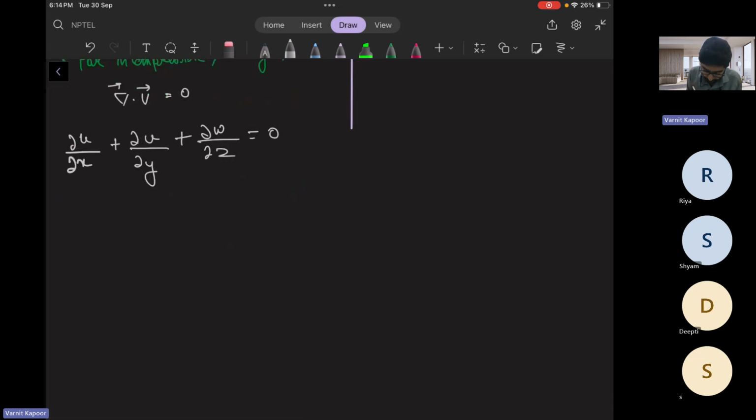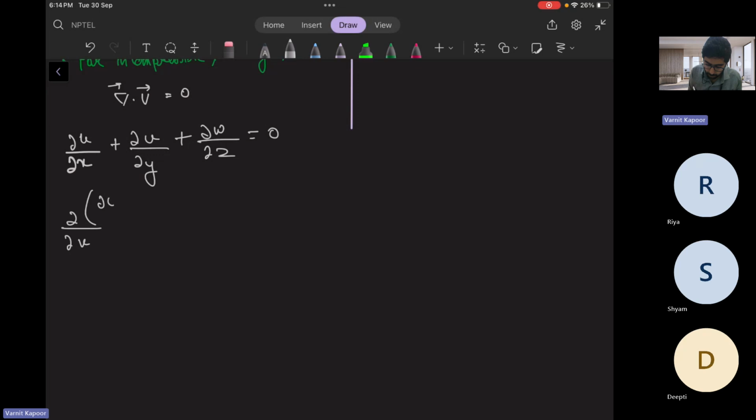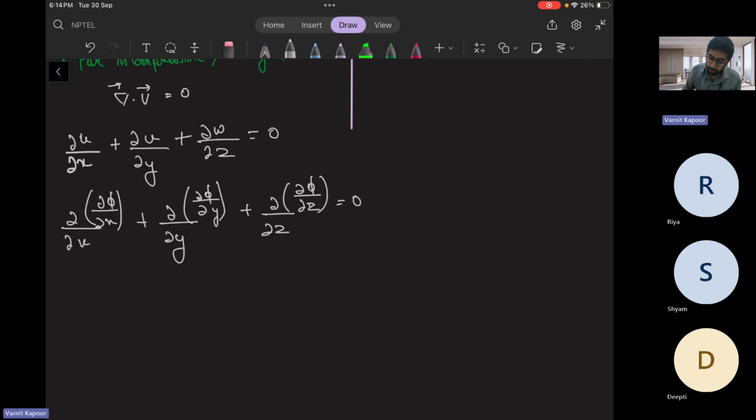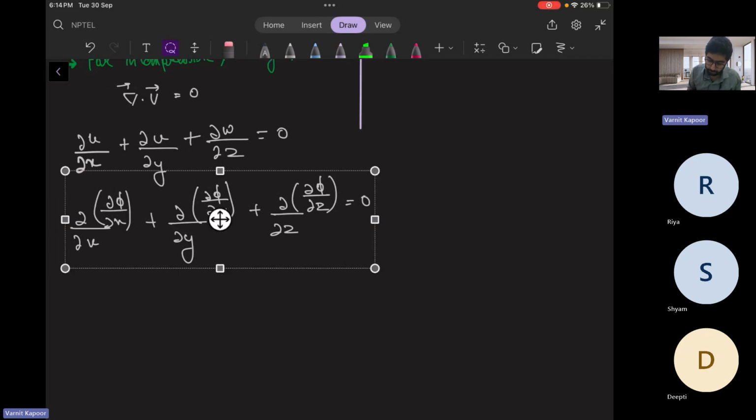So I put here dou by dou x of dou phi by dou x plus dou by dou y of dou phi by dou y plus dou by dou z of dou phi by dou z is equal to 0.